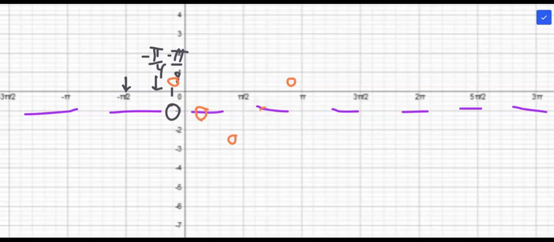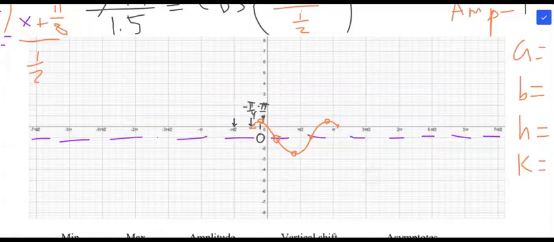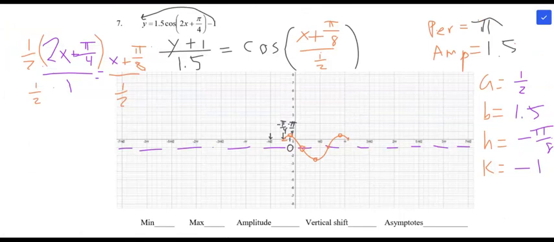Halfway in between here and here, center line. There's our graph. I'll zoom out just a little bit. So, shifting that pi over 8 to the left, ooh, that was brutal. But that's what it was in this case.